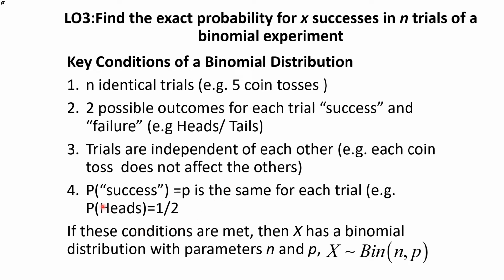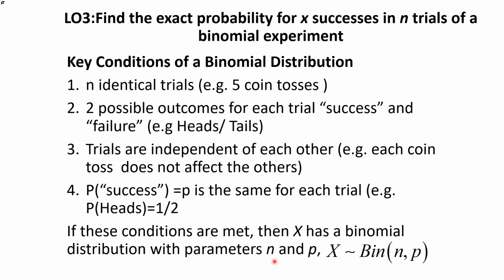And the probability of success is equal to p, which means it is constant or the same for each trial. So for example, the probability of turning a head should be half, and it's half throughout the event. If these conditions are met, then X has a binomial distribution with parameters n and p.